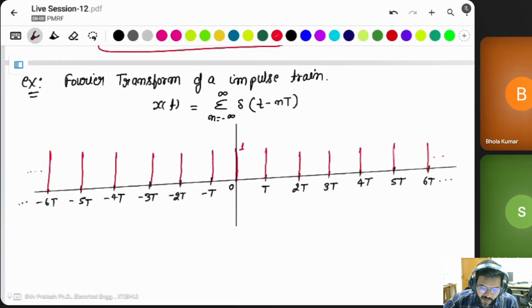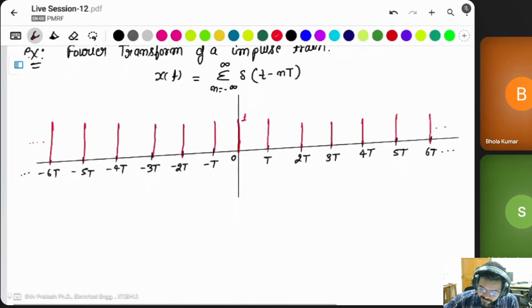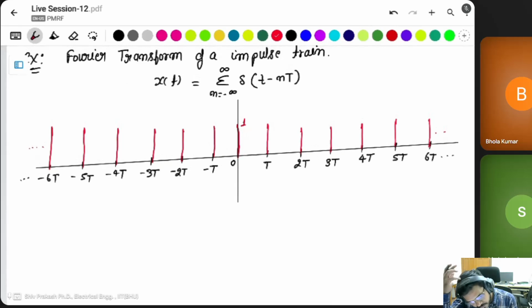Then, what is the Cn for this function? Cn is 1 by T, integration from minus T by 2 to T by 2 of x(t) into e to the power of minus j n omega naught t dt, which gives the value of x(0), where x(t) is equal to delta t. If you integrate this one, the value at 0 is the Cn.